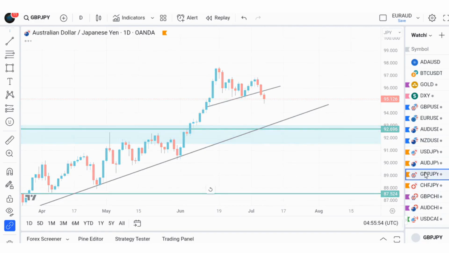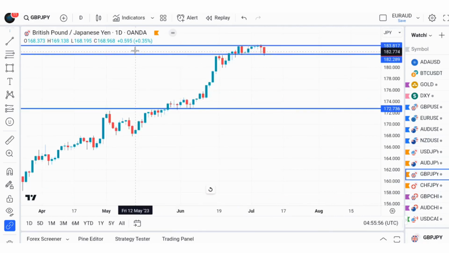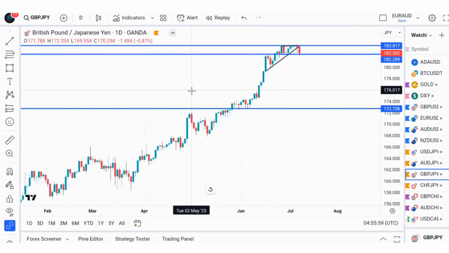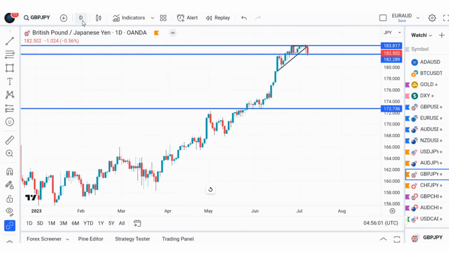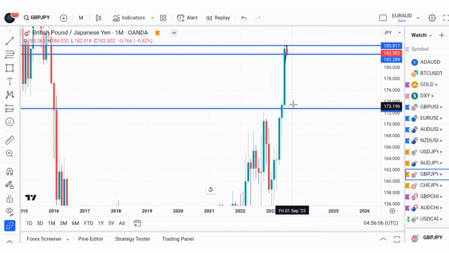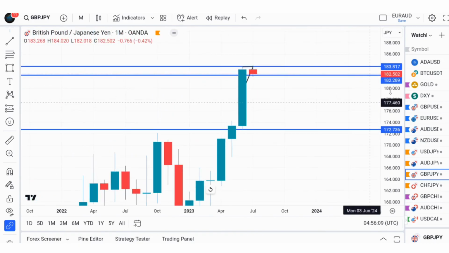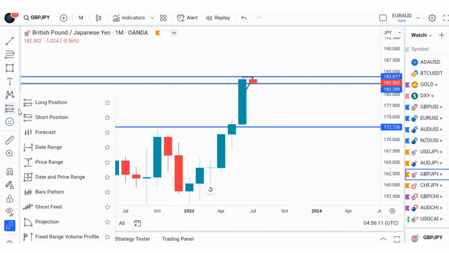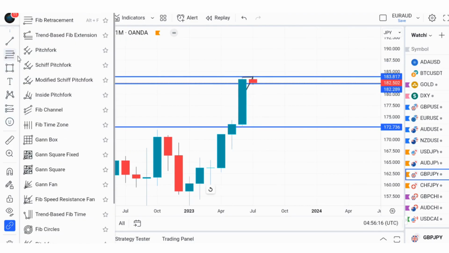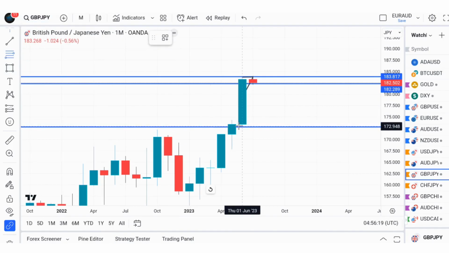So let's go to the GBP JPY. This GBP JPY still has more potential to the downside. Checking the monthly time frame, you see that this one just started to retrace. We still have a very long way to go in the GBP JPY, and the market can actually surprise you right there.